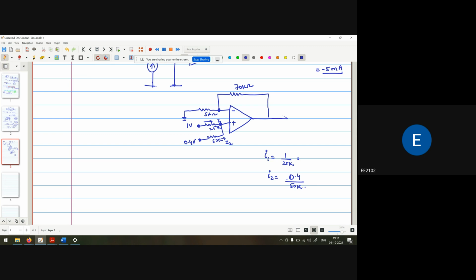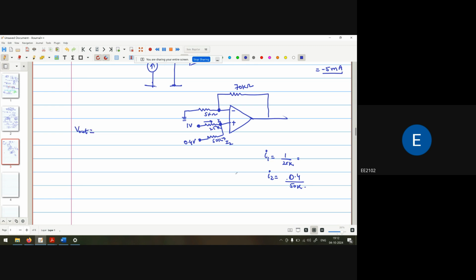If I say that the voltage at this point, or I just directly apply the non-inverting amplifier formula, what is the value?